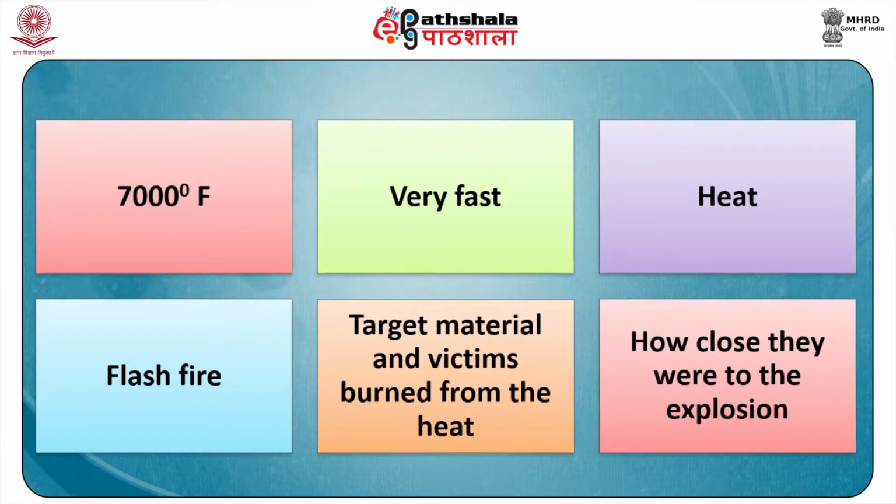So, these are the indications that the thermal effect is the effect due to the heat produced from the explosion. Again, you can see it is not directly the material or the chemicals, but the heat which is being produced because of that explosion happening.